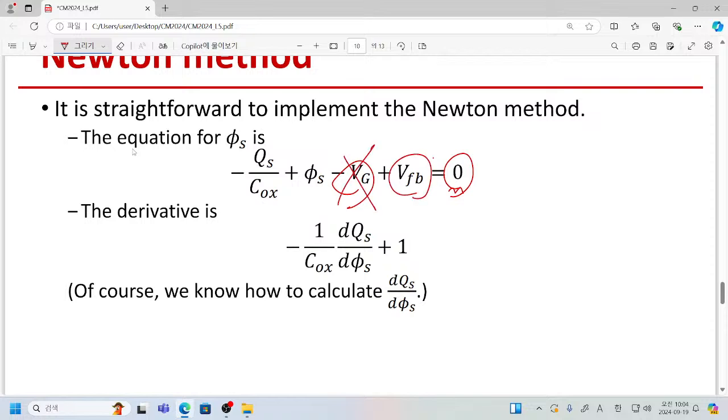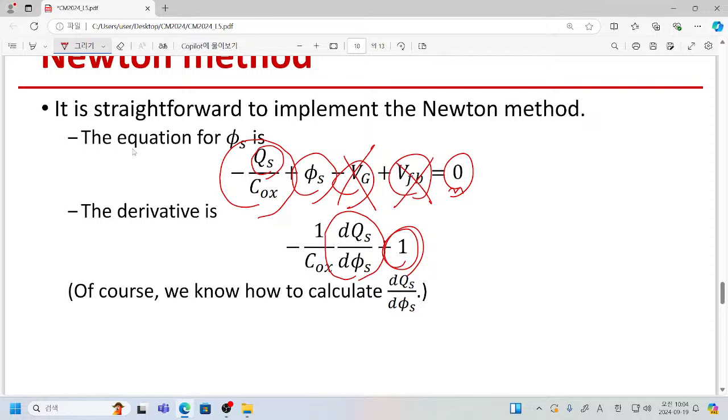This is a number, does not contribute. And phi sub s derived with respect to phi sub s gives just the number 1. The only complication comes from this one, because Qs is a function of phi sub s, so we must calculate dQs over d phi s.